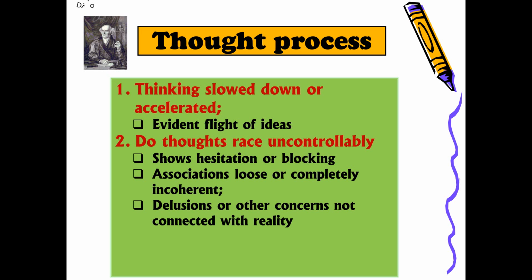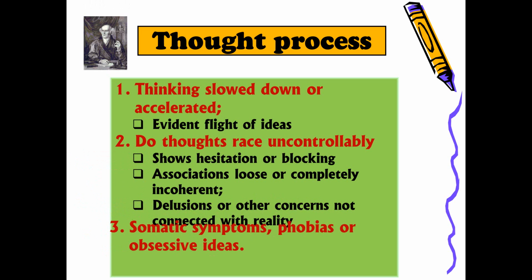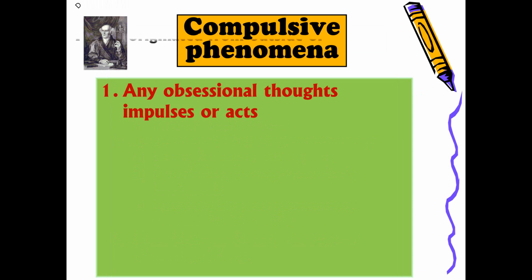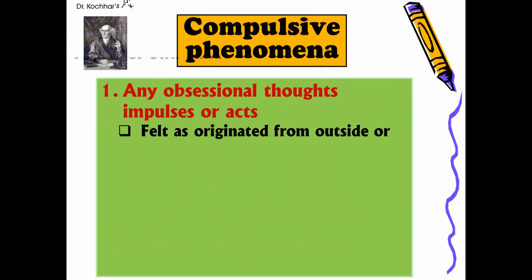Then delusions or other concerns which are not connected with reality, because delusions are unrealistic. Then somatic symptoms, symptoms pertaining to somatic anxiety, phobias or obsessive ideas, whether they are present, because they occupy the thought process. So that is to be seen. Then compulsive phenomena, any obsessional thoughts, impulses or acts.